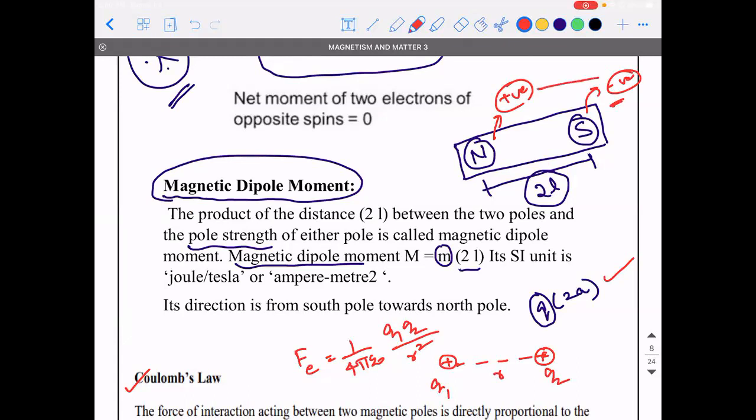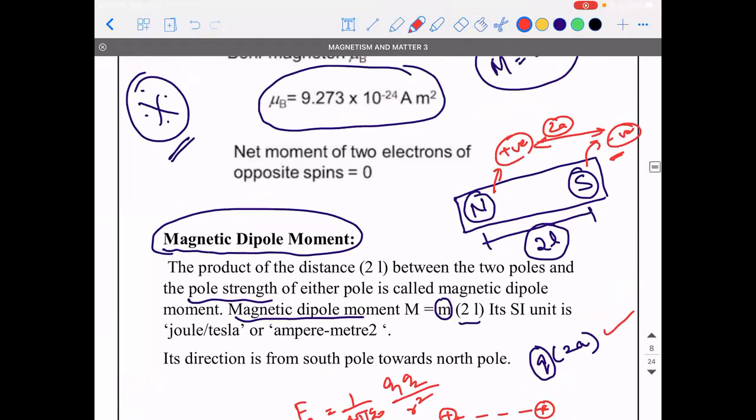So if a positive and a negative charge are separated by distance 2a, that is, if you have an electric dipole, then the electric dipole moment of that particular material is given by what value? Q multiplied with 2a. Am I right? In a similar way, when you have two poles, each pole of a magnet has a strength of value m, which we call pole strength.